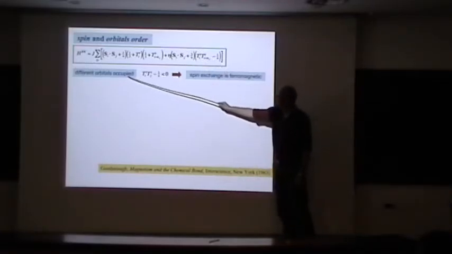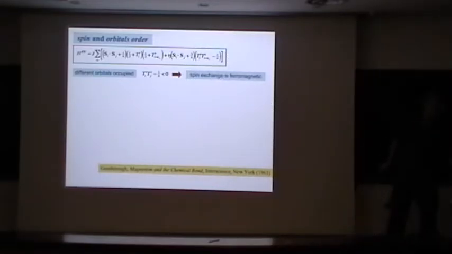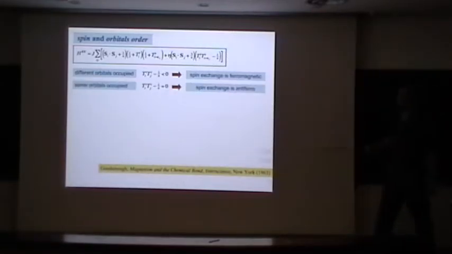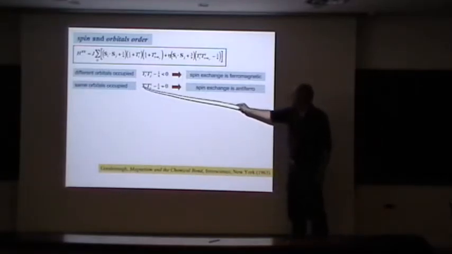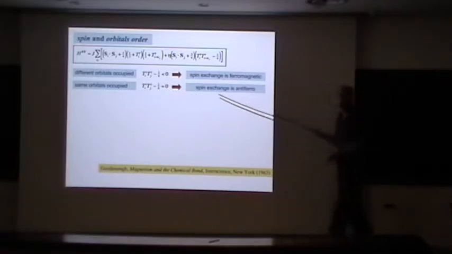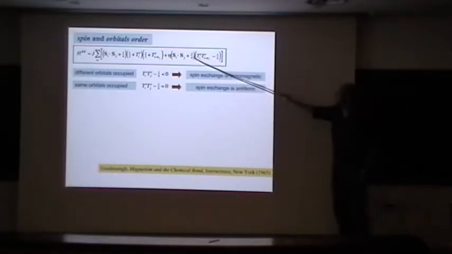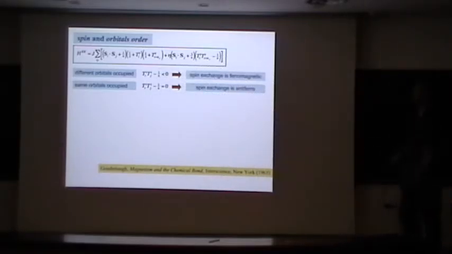Again, different orbitals occupied, spins ferromagnetic. If the same orbital is occupied, that's the situation as we had before. Same orbital occupied, Tz minus 1 equals 0 in this case, and this eta part vanishes, and we go to the old situation where the spin exchange wants to be antiferromagnetic.